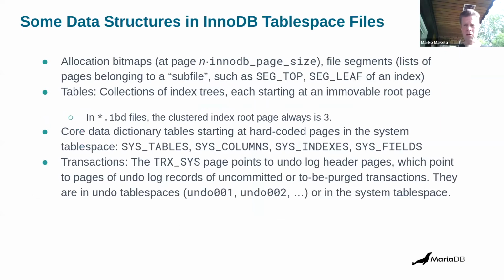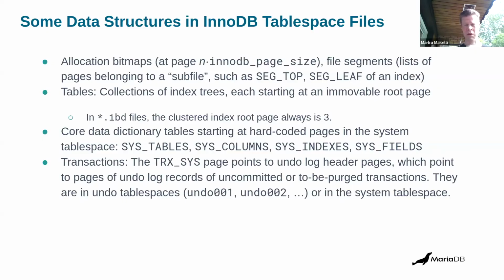In InnoDB, there are also other data structures inside the data files. So basically, InnoDB data files contain files within files, and there is some management of page allocation. There could be some freed space inside InnoDB tablespaces.